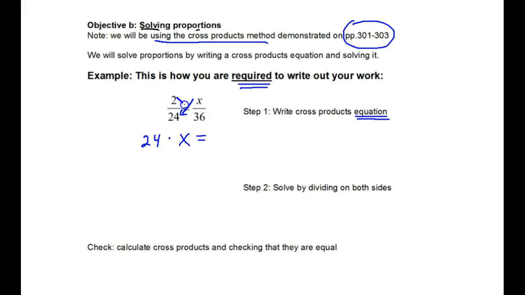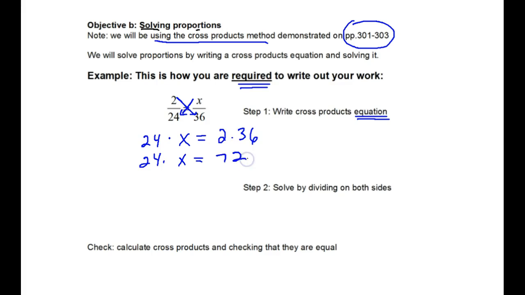And the 2 and the 36. It's telling us it's a proportion because it has an equal sign between them. That means that the two fractions are equivalent. Their cross products should be equal. So here are their cross products: 24 times some mystery number x, and 2 times 36.